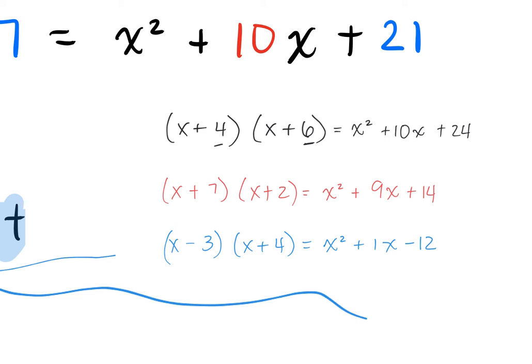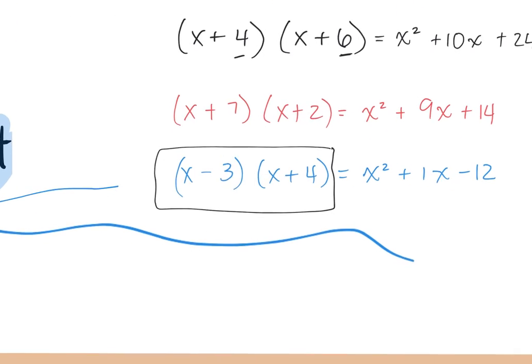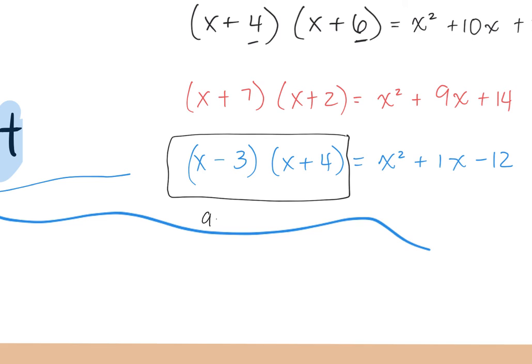Roy asks, for the last one, can we use a minus b, a plus b, that formula? No, why not? Remember we had that formula, a minus b times a plus b equals a squared minus b squared.